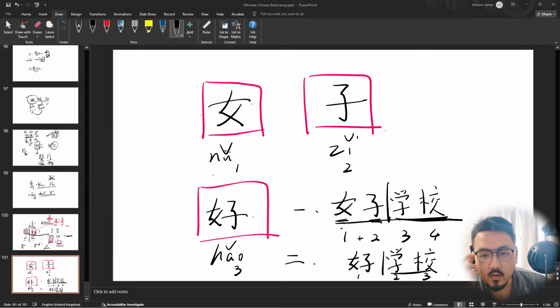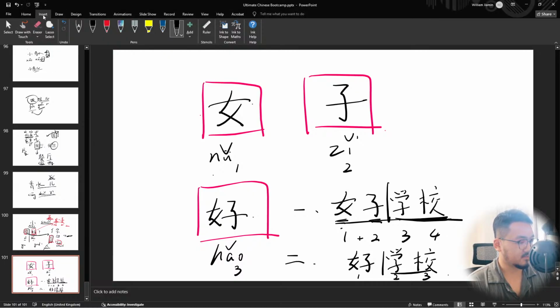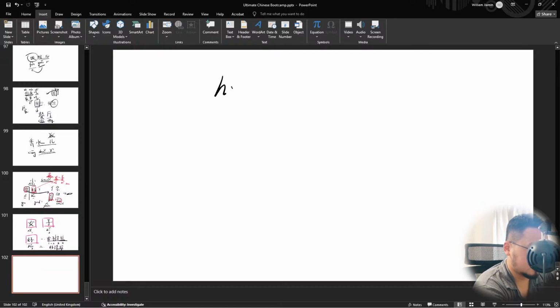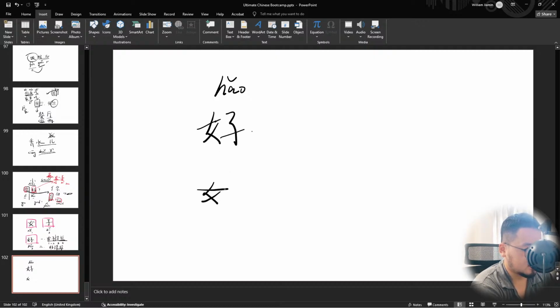With a character, spacing is how you can tell the two components apart. Yes, you can sort of say that, because, for example, let me just write another. If you want to write 好, it's more about this. You can sort of feel that, because you're not writing 女 this way.